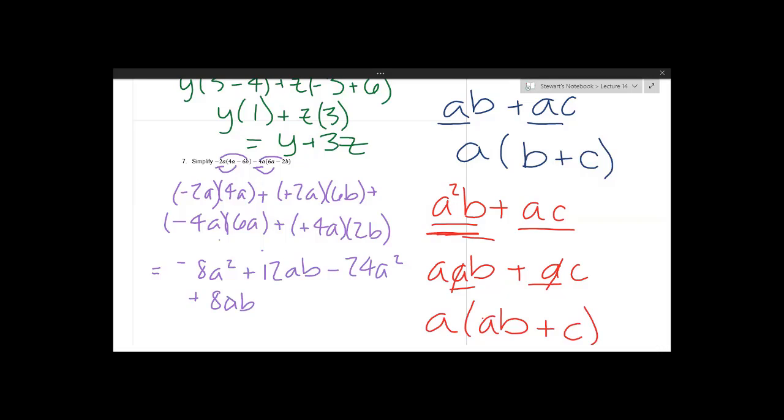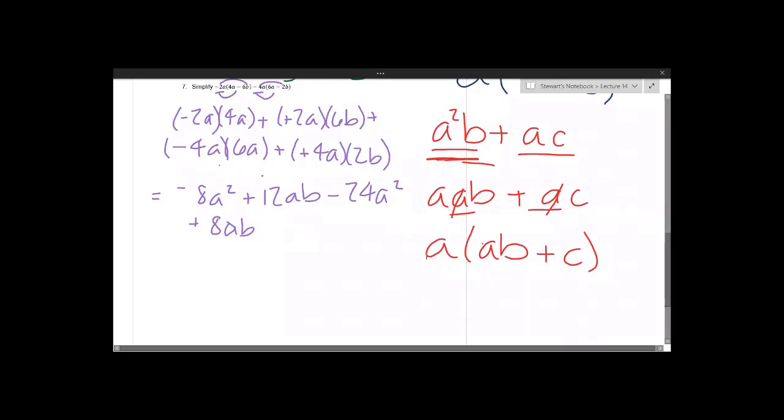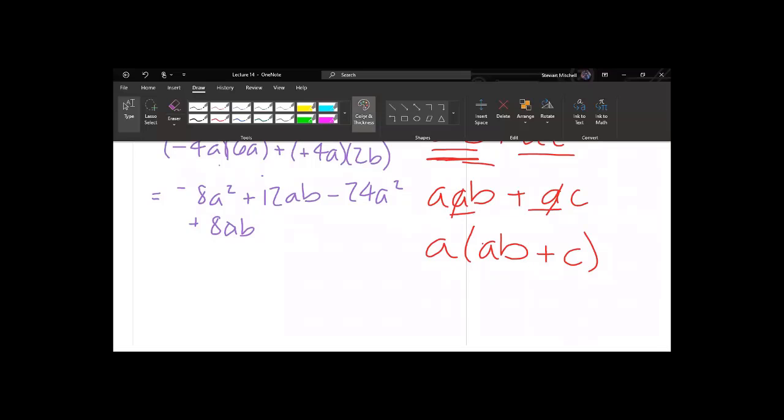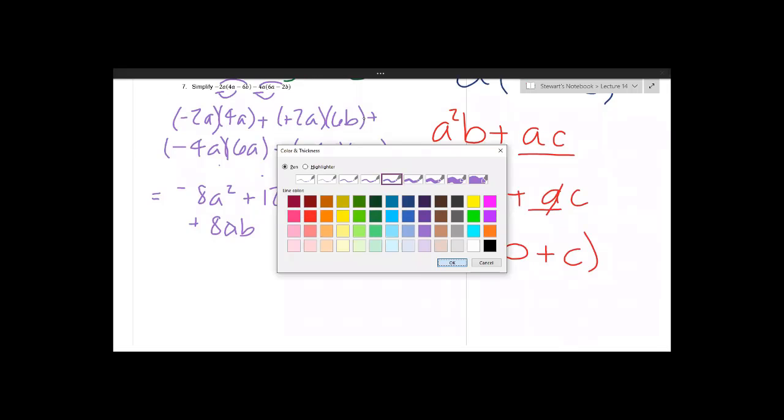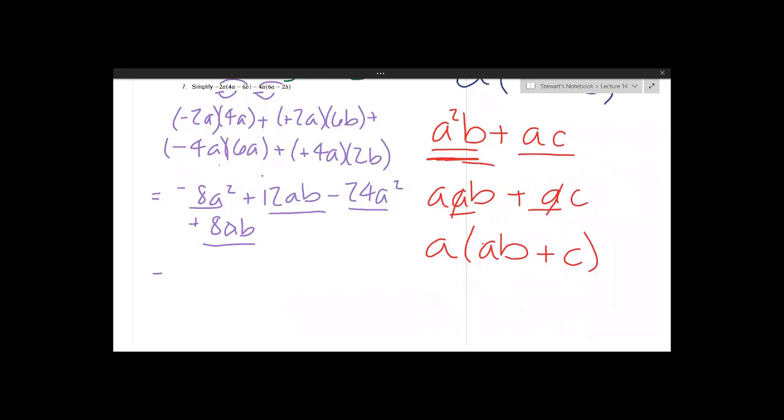So now all that's left is to combine like terms. It might help to rewrite them next to each other a little bit. So we have a squareds and we have ab's. So we have negative 8a squared minus 24a squared plus 12ab plus 8ab.